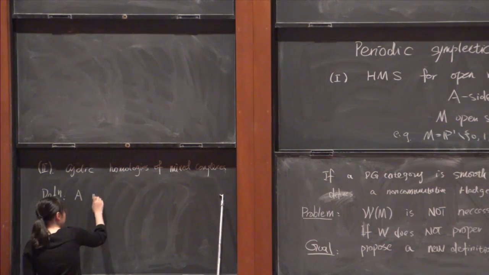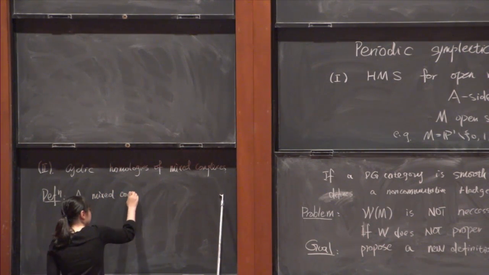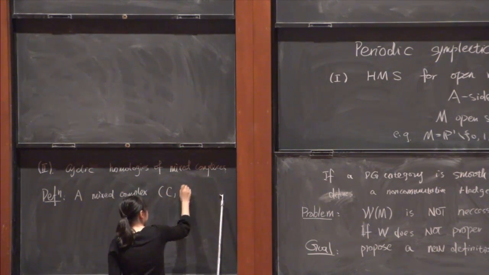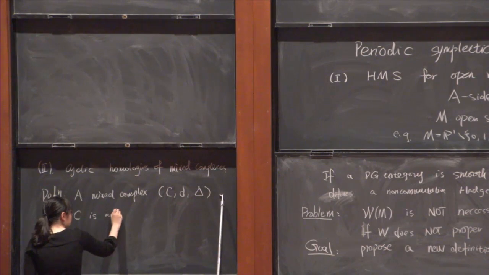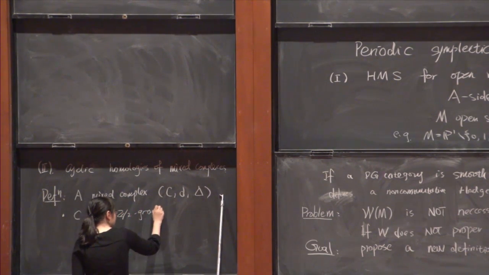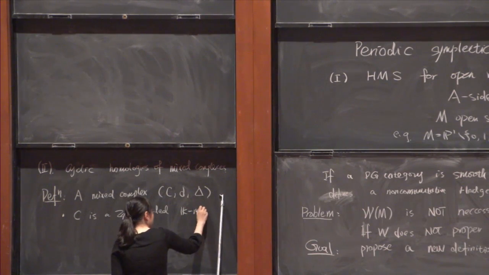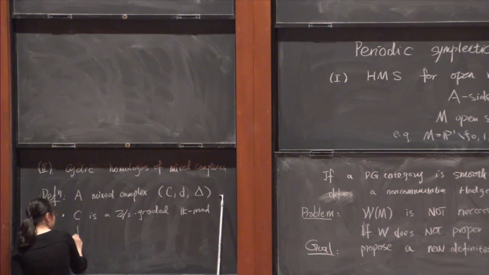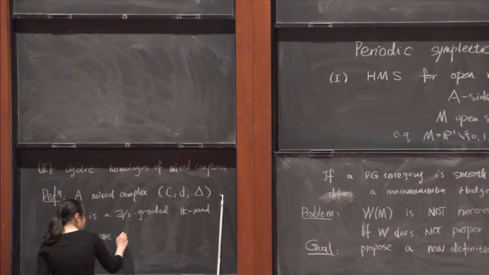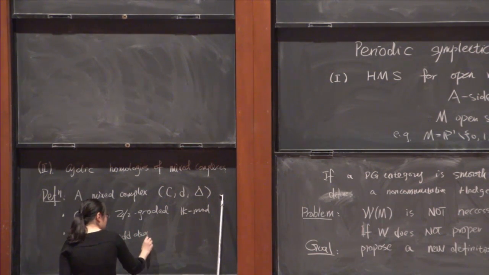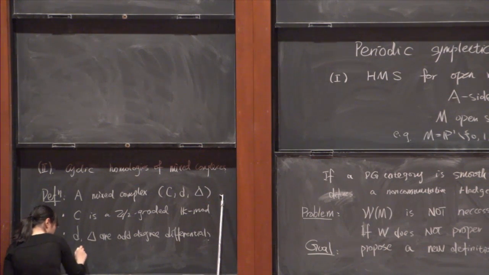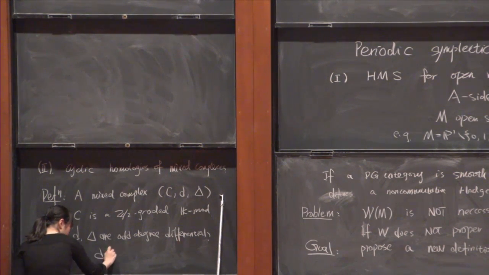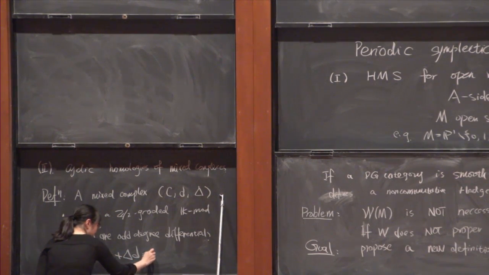A mixed complex consists of the data C, d, and delta, where C is a Z/2-graded K-module over some ground field, and d and delta are degree one differentials, such that they anti-commute.